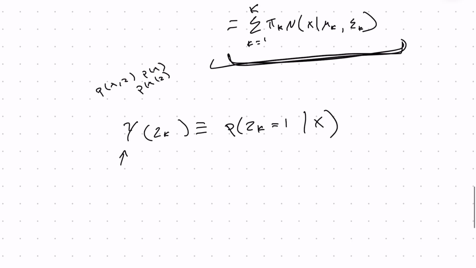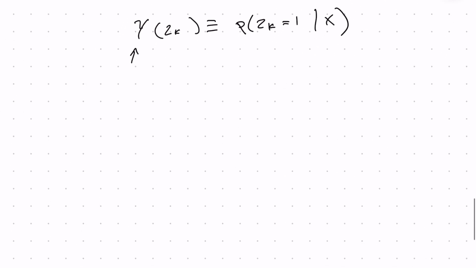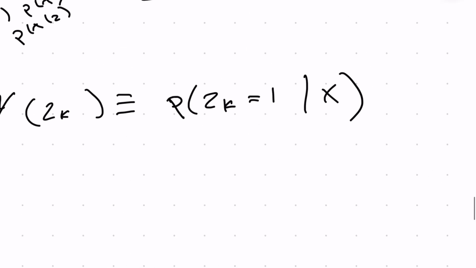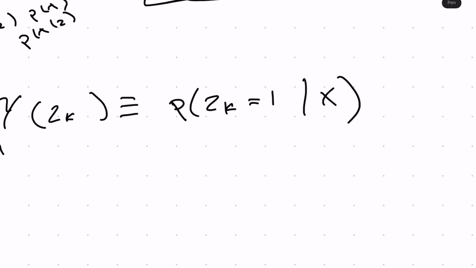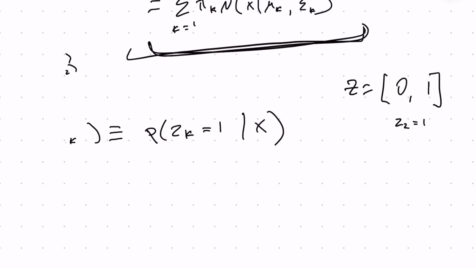And we'll see why in a second, because this is the posterior. So we're thinking Bayes' rule. This is saying, what is the probability that the data point belongs to class k? What is the probability that zk equals 1? Because if z is 0, 1, you're asking what is the probability that z2 equals 1, that it belongs to class 2?